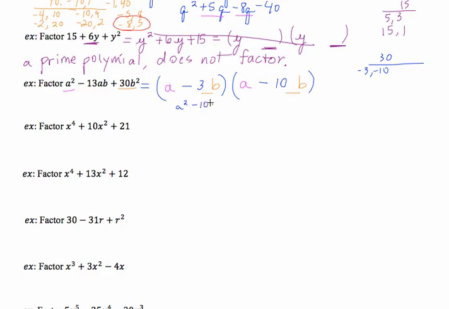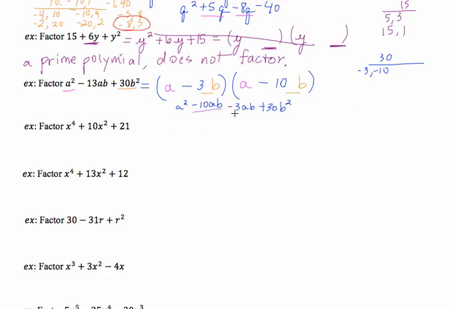That's -10ab. The inside term is -3b times a. That's -3ab. And the last terms are -3b times -10b. The negative times negative gives you a positive. 3 times 10 is 30, and b times b is b squared. Let's see, did that work?